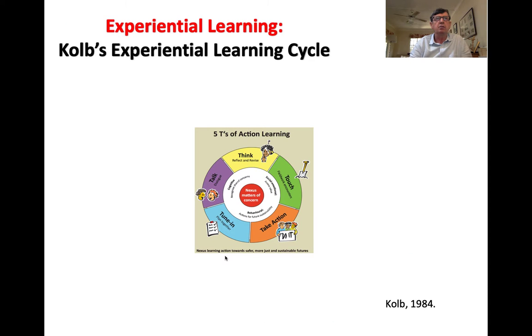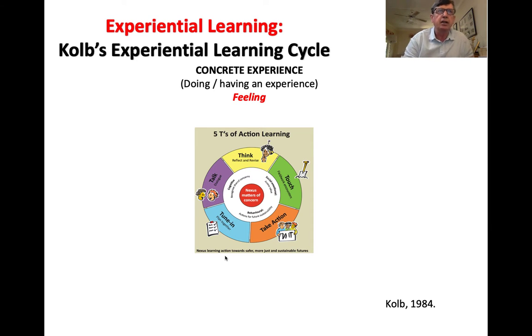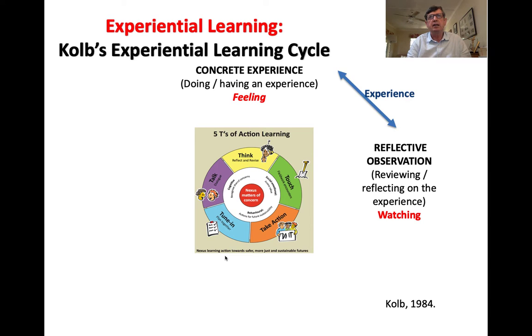Experiential learning and Kolb's experiential learning cycle is very popular in field centers. It begins with concrete experience, going outside the classroom, doing and having an experience, the feeling. Then the reflexive observations, reviewing, reflecting on an experience and watching others doing things.